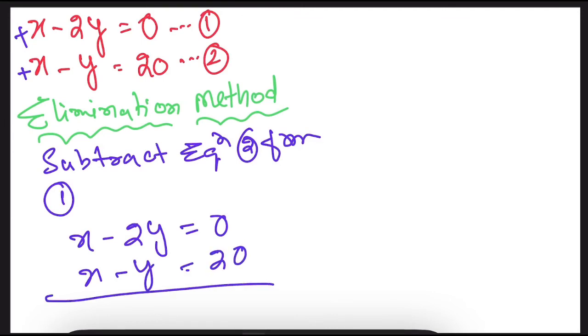Now let's subtract. Minus x becomes zero, minus 2y minus minus y becomes minus y, and 0 minus 20 becomes minus 20. So x is gone, and this becomes minus y equals minus 20. Both sides have minus, so it is gone.